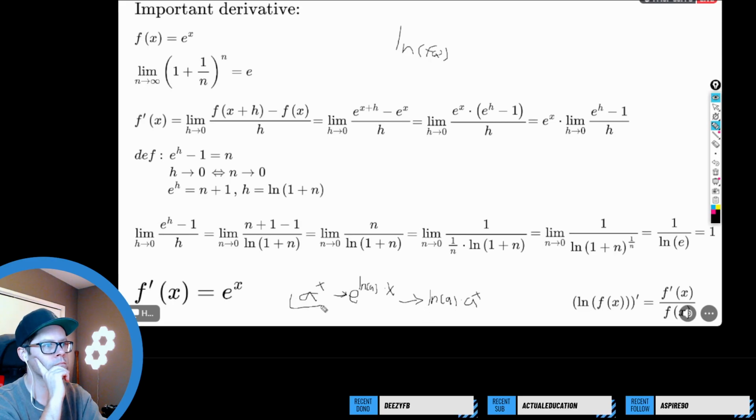So this is the derivative of this function, but usually you start with e to the x, or just want to keep it as e to the x because it is a very nice number by Euler.